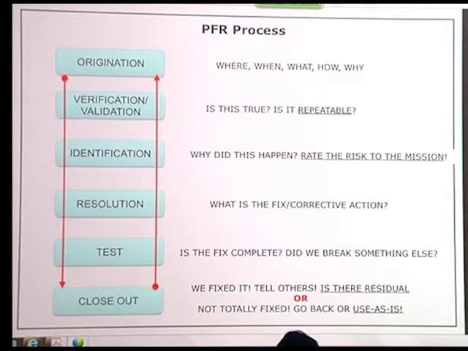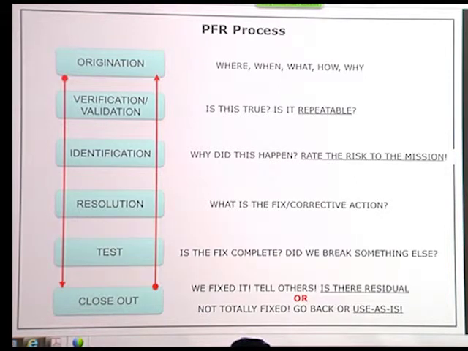The steps are generally originating the software issue, doing some verification and validation, identifying why the issue happened, coming up with a resolution or some form of corrective action, testing the corrective action, making sure that the issue is fixed, and then examining whether we actually broke something else in the process. And then closing it out. And closing it out is actually a very important step.